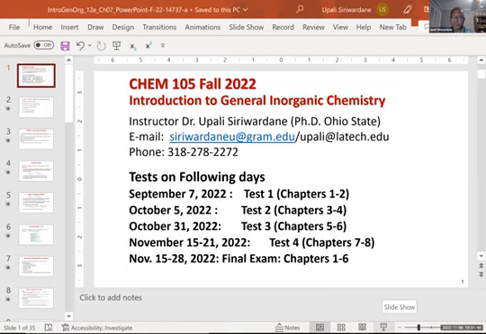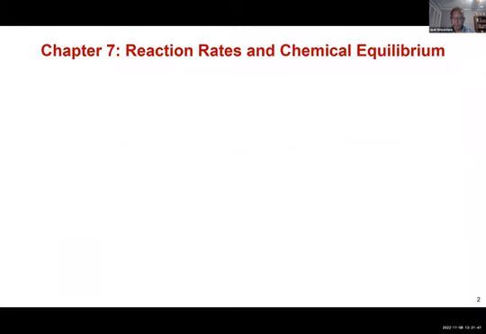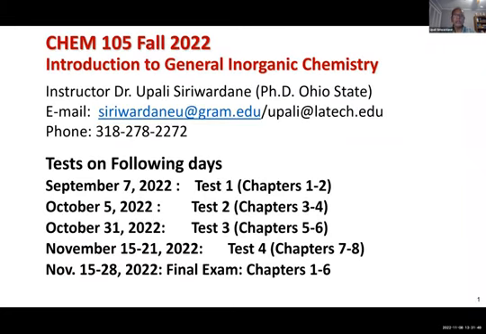I'm going to talk about the grading in this course. You probably have taken all three tests now. Test 4 is optional. If you are happy with the first 3 tests, then you don't have to take the 4th test.